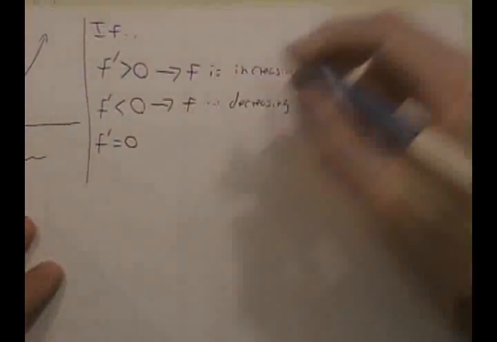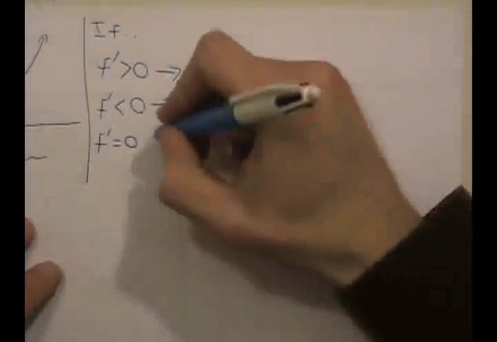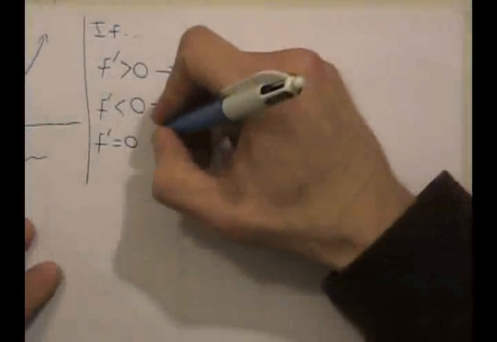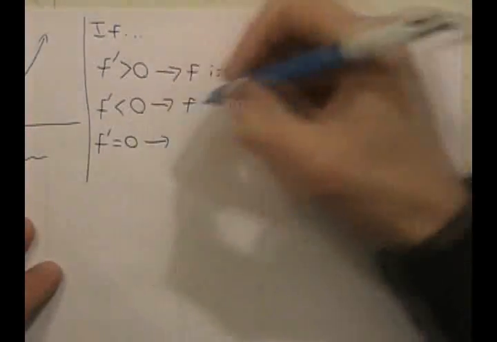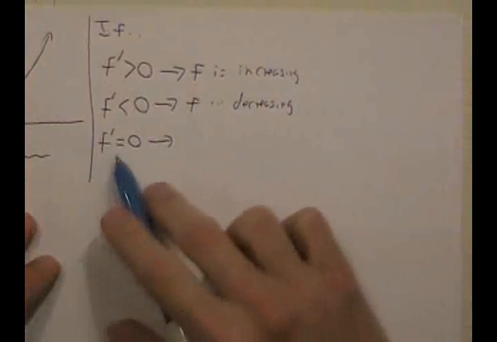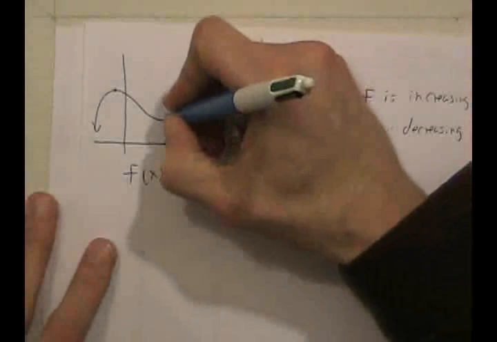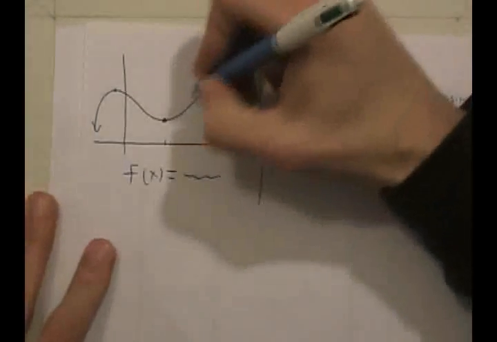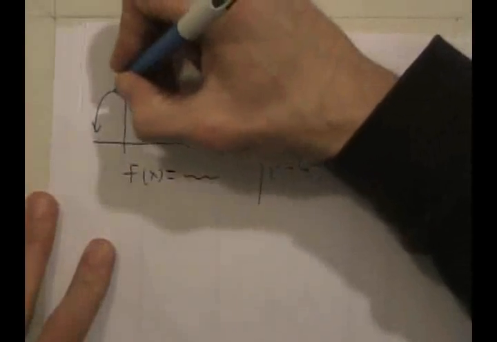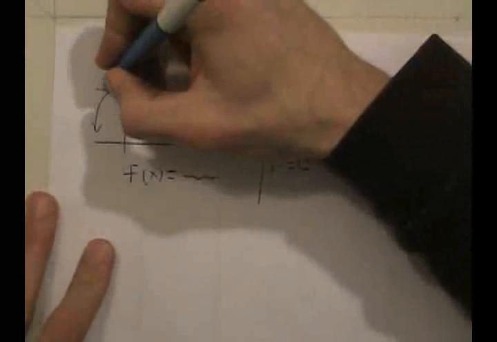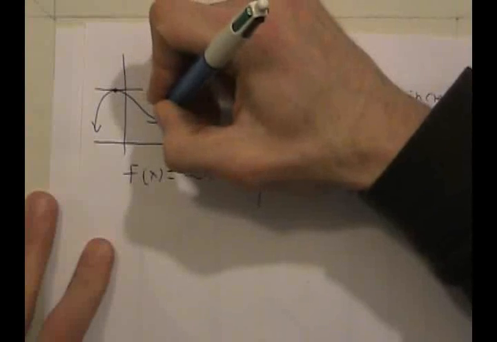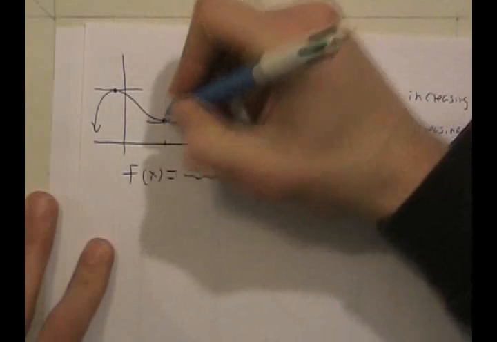And the other possibilities are if f prime equals 0, what's happening there? Well, if f prime is equal to 0 on an interval, it means that it's flat, it's constant. But typically this only happens at single points. For example, in this case here, the derivative of this function is 0 there, and it's 0 there. So we have horizontal tangents. So it's constant, I guess we would say, just at this one single point.